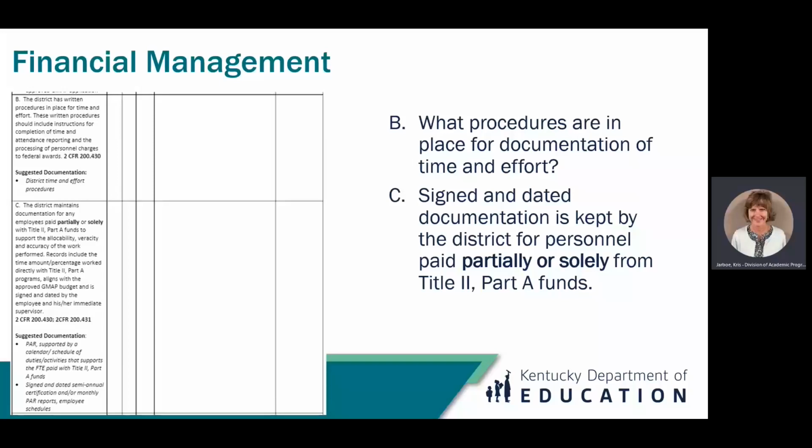So this would be what policies your district has for time and effort for people paid out of federal funds, and if you do have any staff that are paid either partially or solely from Title II Part A funds, how you keep track of the time that is worked, how you document that the work they are doing is tied directly to your Title II Part A program.